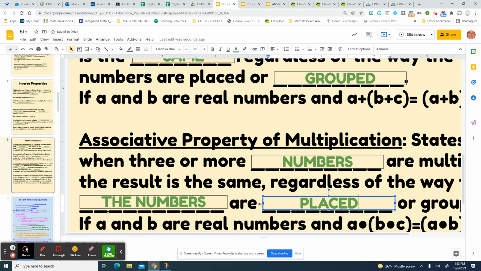So if A, B, and C are real numbers, A times the product of B times C must equal the product of A times B times C.